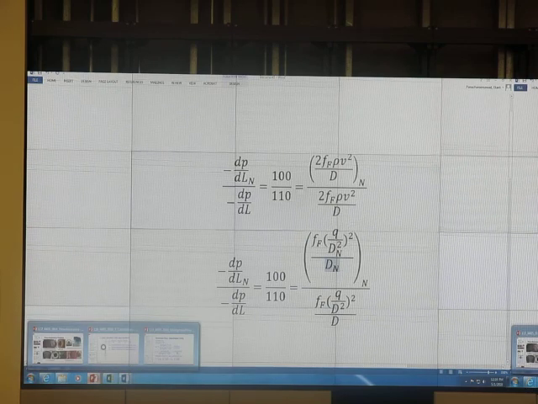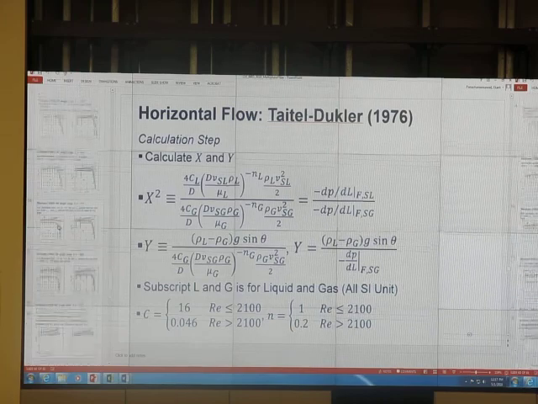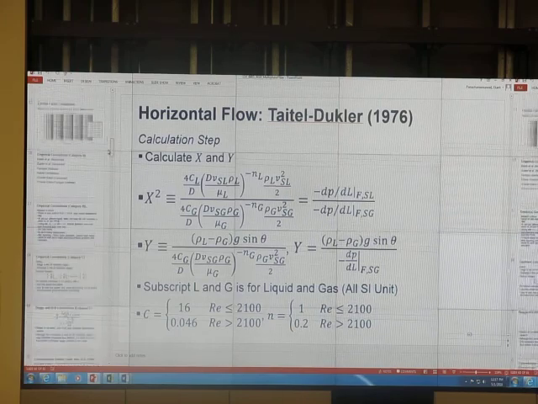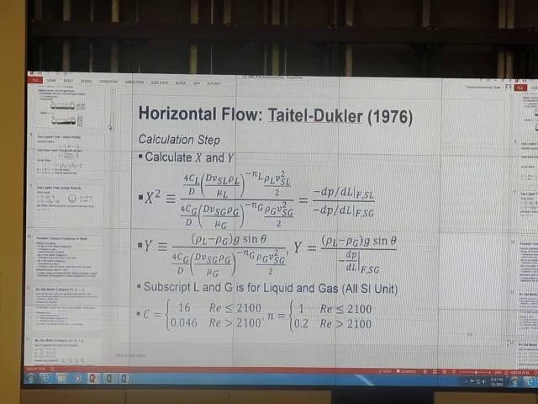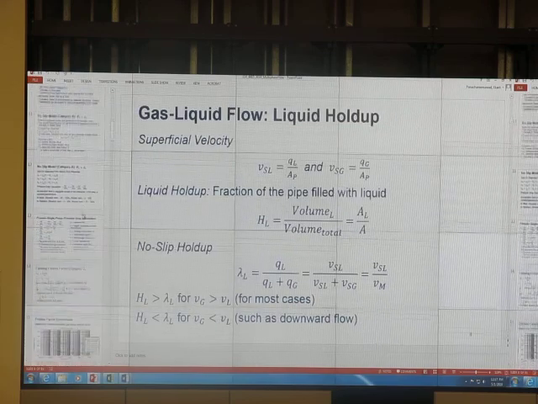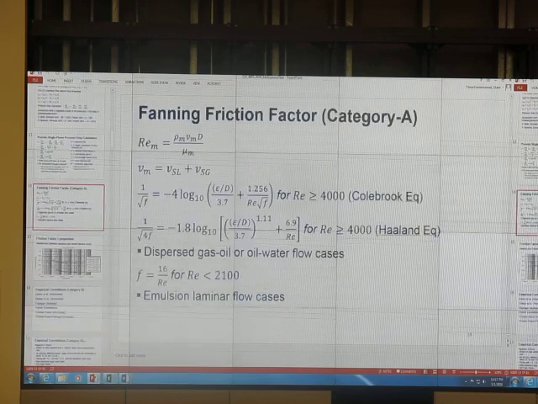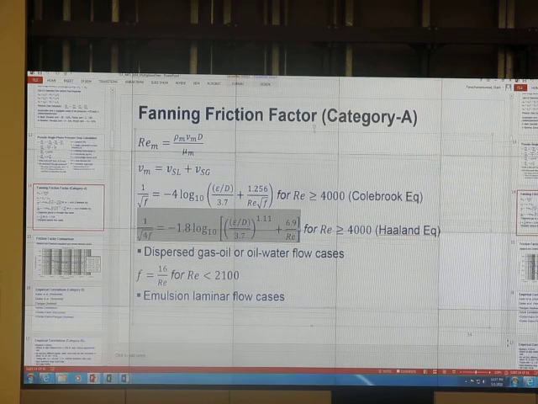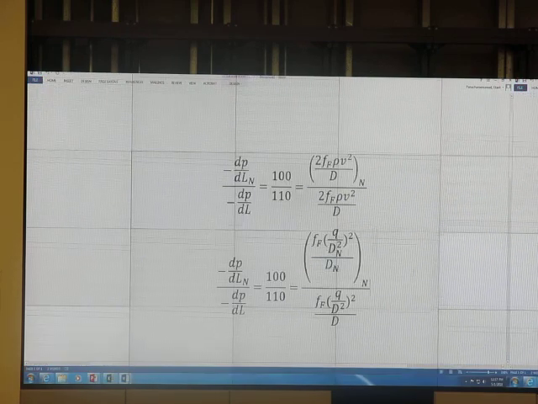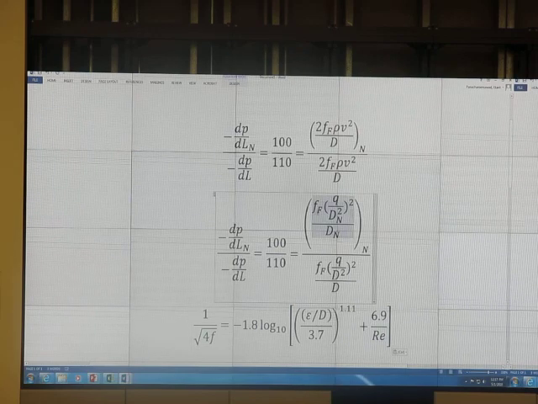All right. If I want the full calculation, maybe I use the Haaland equation. Where's my Haaland equation? This one. So there's a Haaland equation for the F value.